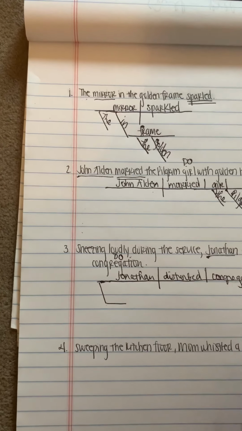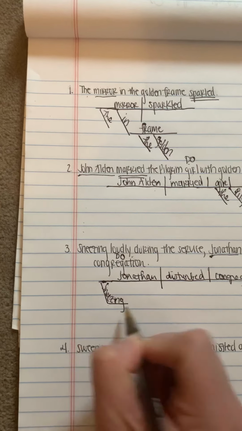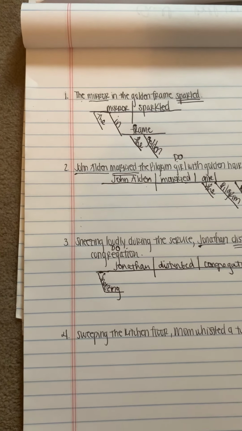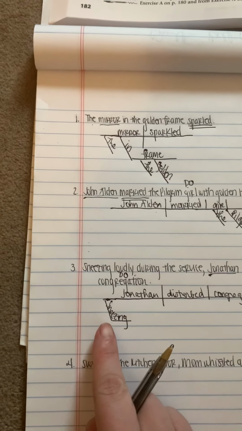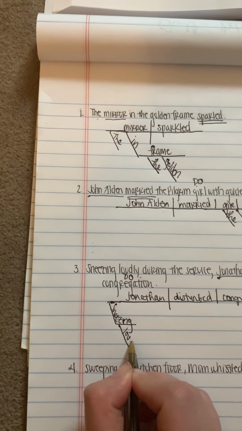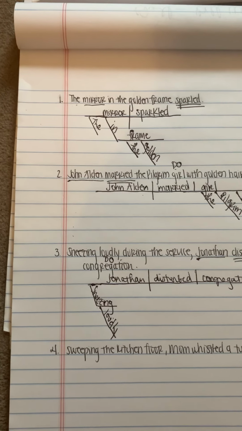It's the slanted straight, and we slant it across, sneezing. All right, our next word is loudly. So loudly is telling you how they sneezed. So I'm going to go under there. Slanted line, loudly goes on there.